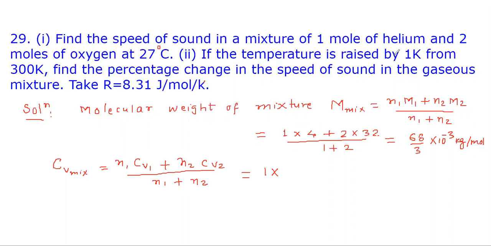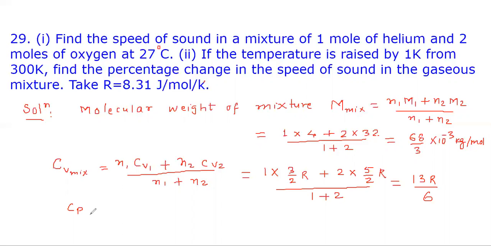Since helium is monoatomic gas, its CV will be 3 by 2R, plus N2, number of moles of oxygen 2, and it is diatomic gas, so its CV will be 5 by 2R, divided by 1 plus 2. So this will give 13R divided by 6.